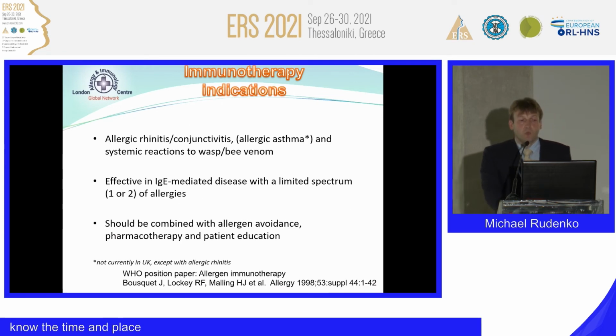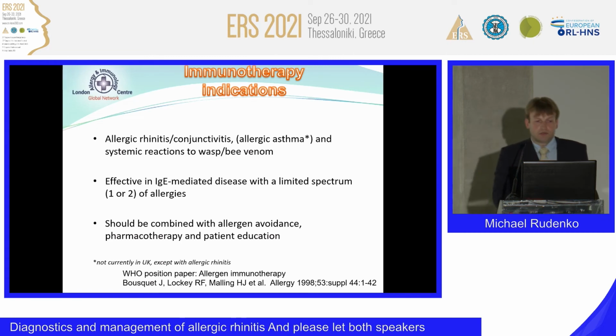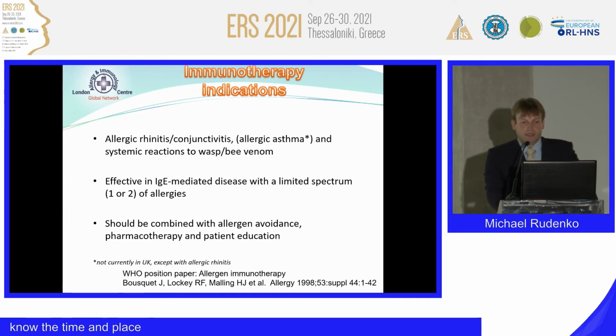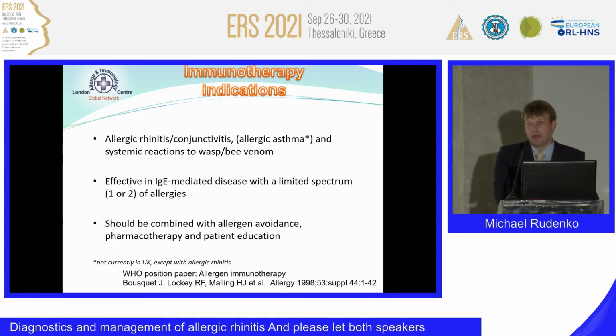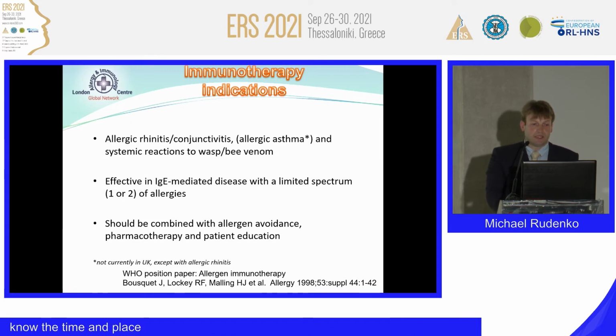So why and when is it used? It's for treatment of allergic rhinitis plus minus conjunctivitis, plus minus allergic asthma. It's also mainly used in venom reactions, systemic reactions to wasp and bee stings.